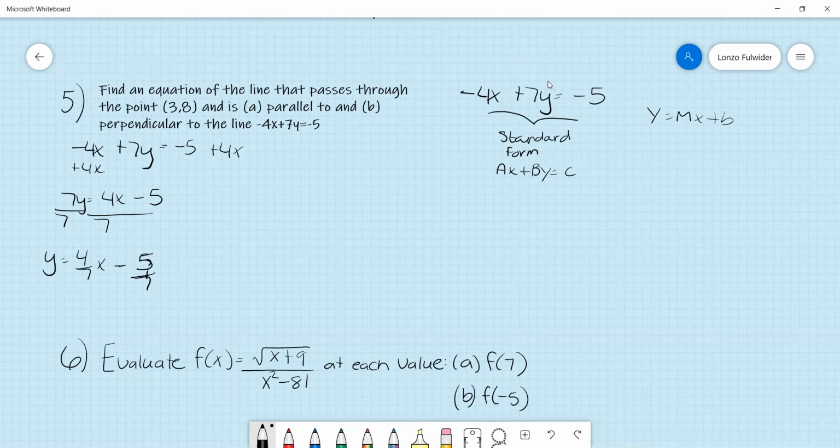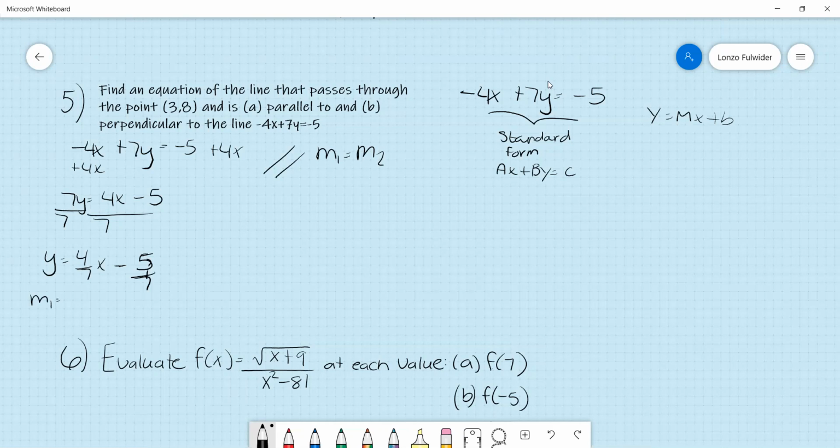Okay, now let's do part A. It says we need to find an equation that's parallel. So if you recall, two lines are parallel when their slopes are the same. So m1 must be equal to m2. Let's look at this equation. What is my slope, or my m1?